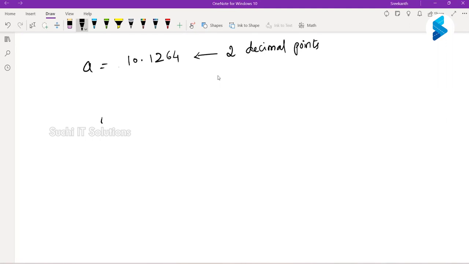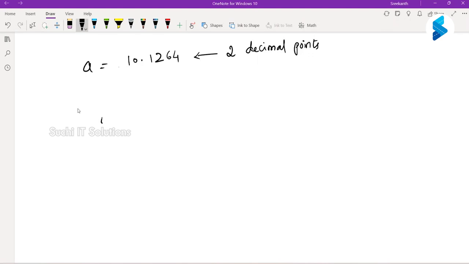We all know what rounding is, right? You round it to the nearest number. If I have to round this value to 2 decimals, what would be the output?